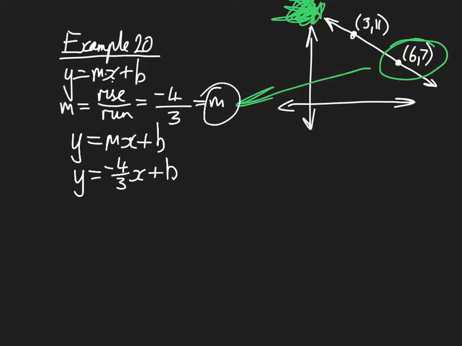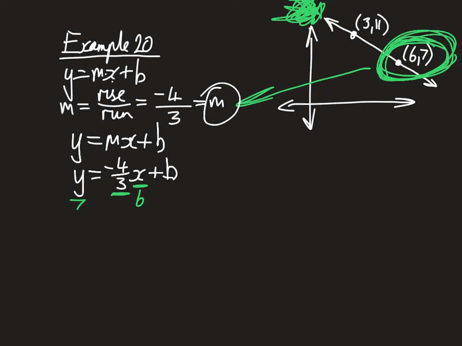Now, I'd said something about substituting in the value from over here, that 6 and the 7, into this equation. So we know that we have a gradient of -4/3. If we put in an x value in here, and from our data point here, the x value is 6, so I'm going to put 6 in there. And my y value is 7, so I'm going to put 7 in there.